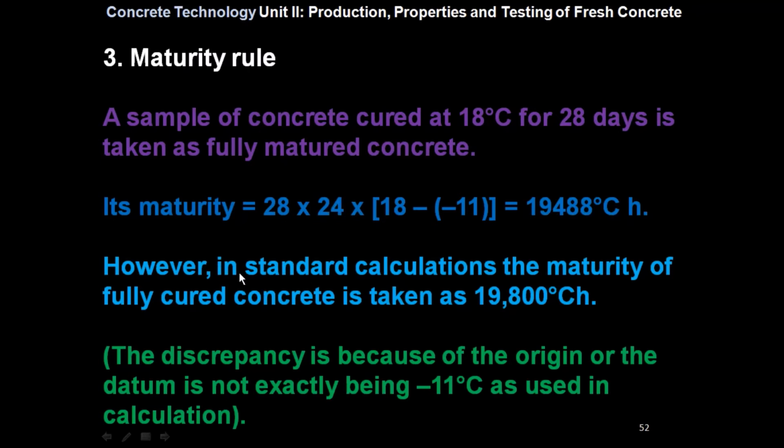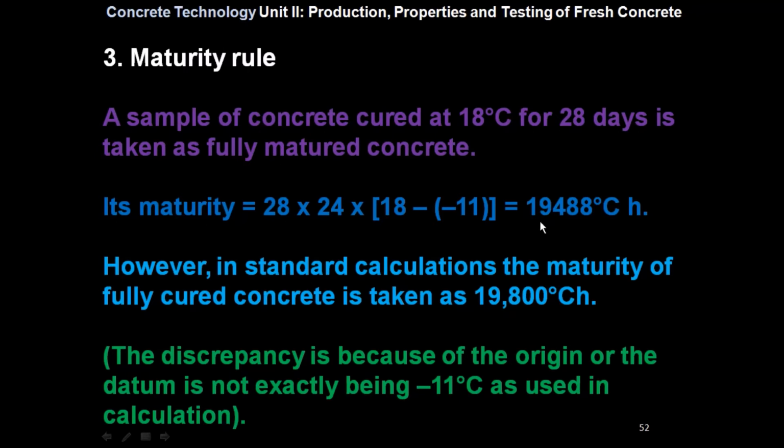However, in standard calculation, the maturity of fully cured concrete is taken as 19,800 degrees Celsius hours. The discrepancy is because the origin, or the datum, is not exactly minus 11 degrees Celsius as used in the calculations.